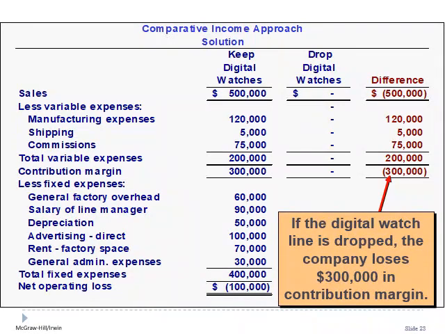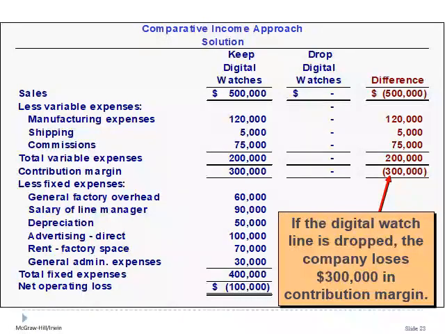The total variable expense will be 200,000. So the contribution margin will be 300,000 if we keep the digital watches and 0 if we drop them. So the difference between them equals 300,000 in minus. That means a contribution margin loss.